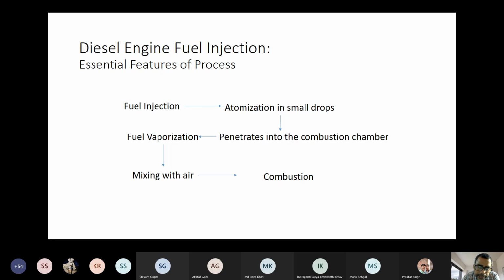Now, a diesel engine has a higher compression ratio compared to the SI engine. So when we have to inject the fuel towards the end of the compression stroke, you can find out ideally what the motoring pressure would be.